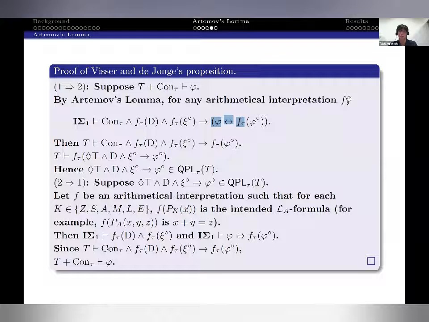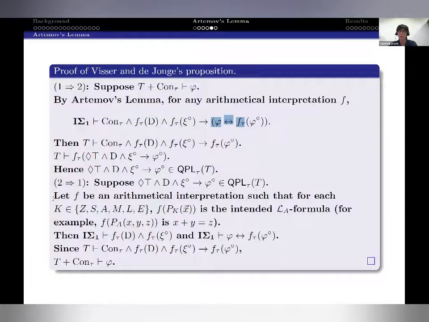Since F is arbitrary, this sentence is in the quantified probability logic. On the other hand, for the converse direction, suppose that this sentence is in the quantified probability logic of T.